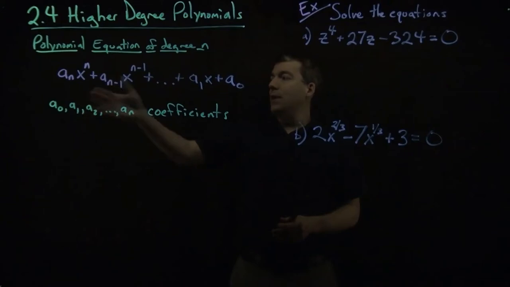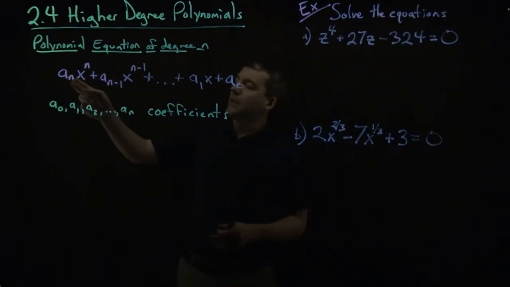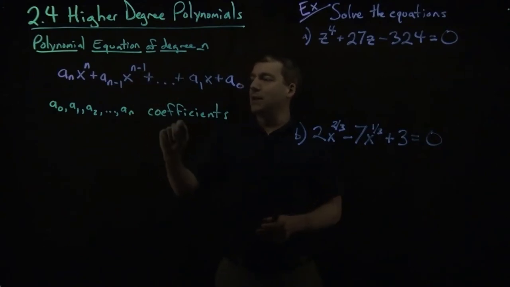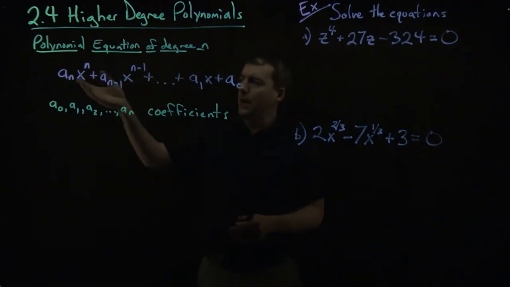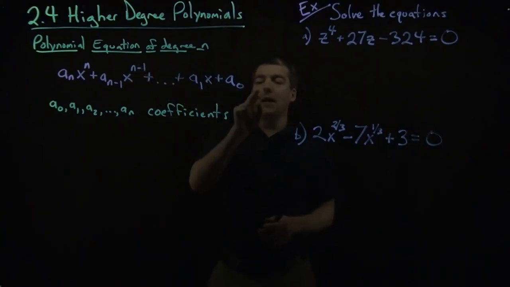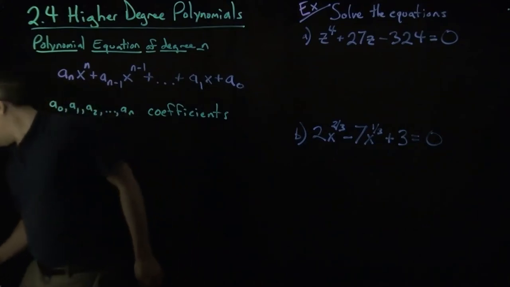Well, it's an equation of this form: a sub n x to the n plus a sub n minus 1 x to the n minus 1, plus we continue decreasing the index here, and decreasing the power on x till we get to a1x plus a naught equal to 0.